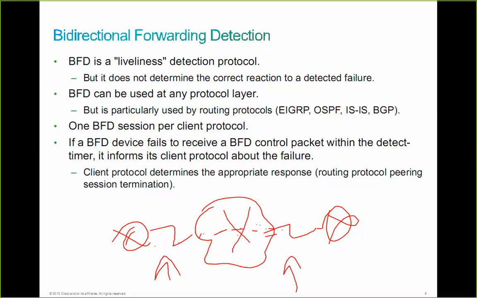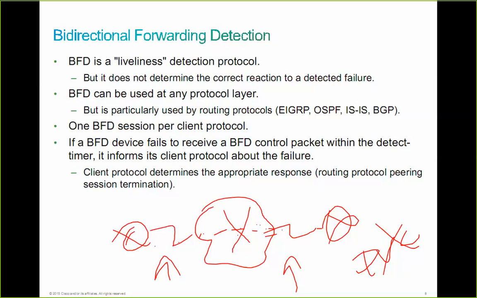Yeah, the PVC might go down, right? But from the router's perspective, the physical layer's up, the connection to the service provider's up. So how do those routers detect whether or not there's a failure? They don't until the dead timer expires.